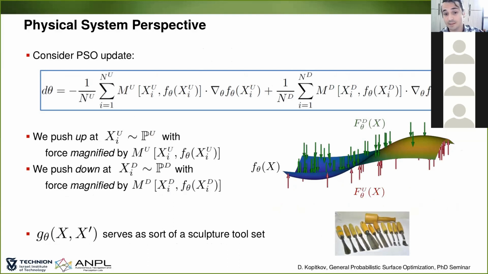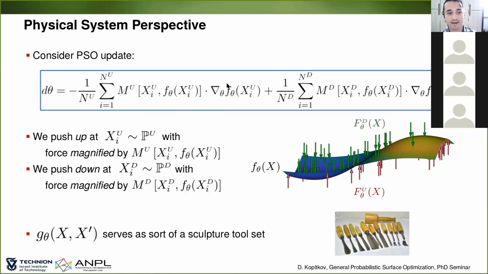The update that we are actually performing during the optimization is shown here, and we can observe that it is a linear combination of model gradients at points xui and xdi, which can be interpreted as pushing up at points xui, because it moves up here, and pushing down at points xdi, because it moves down here. Like forces applied on a physical surface, our forces are magnified by the outputs of mu and md.